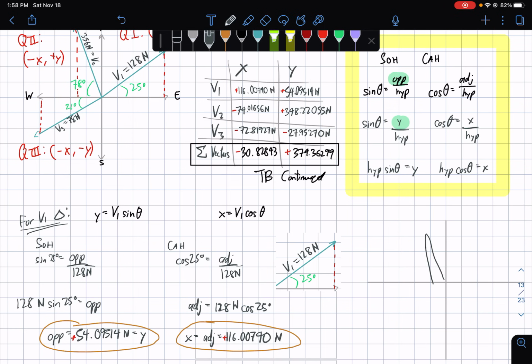So that is somewhere like this. Say negative 30 and then negative 30 here, and this is 374, something like that. And then that's an ugly triangle. Like that, and this is where you are, the final vector.